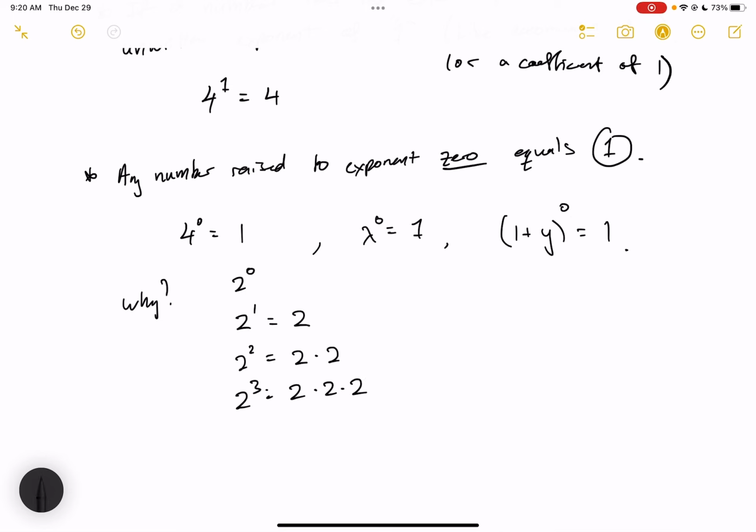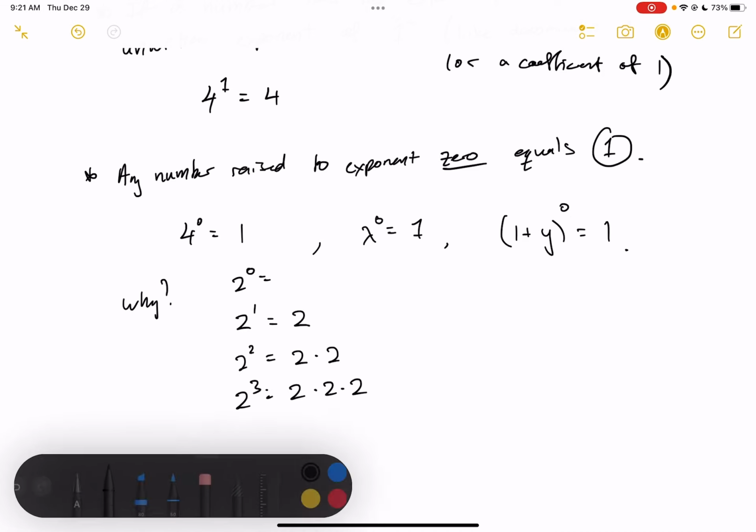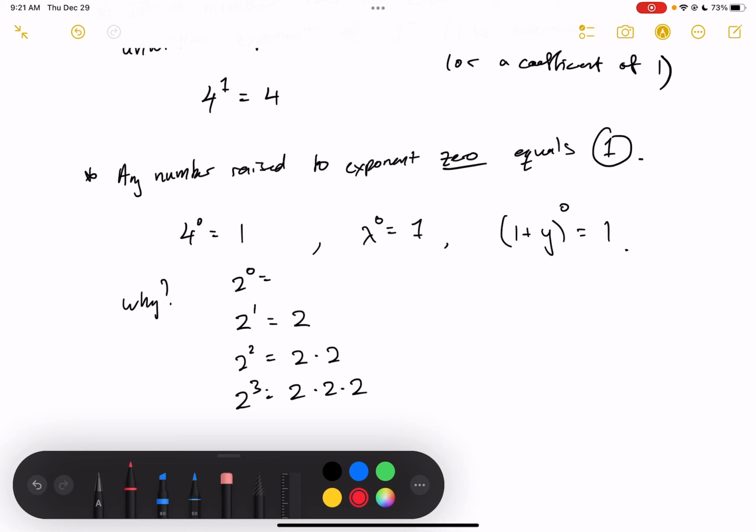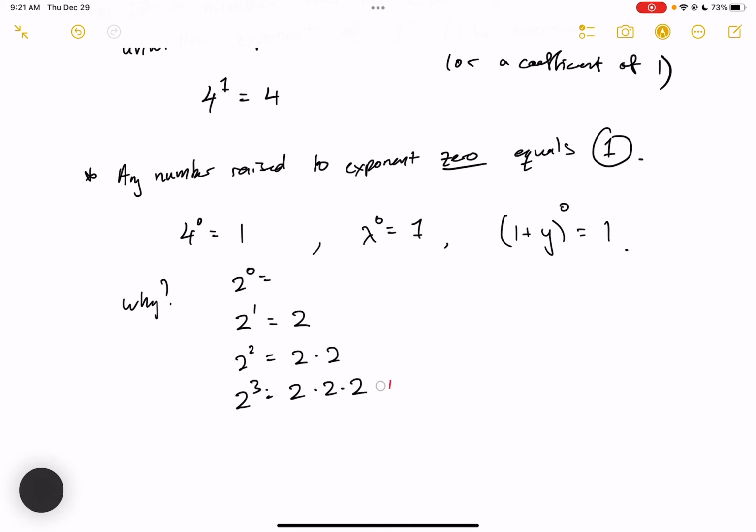So if we're wondering what 2 to the power of 0 is, I'm going to leave this blank for right now. But remember, 1 is the neutral element in multiplication. So I could, without changing the outcome, write times 1 for each case. Times 1, times 1, times 1. And as you can see up here with the 0, there is nothing, so I have to leave just 1.